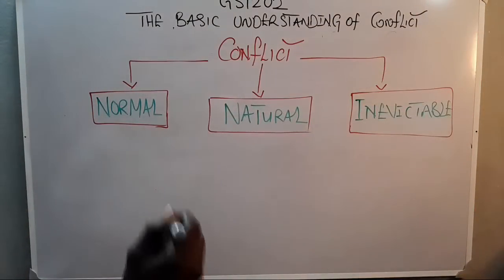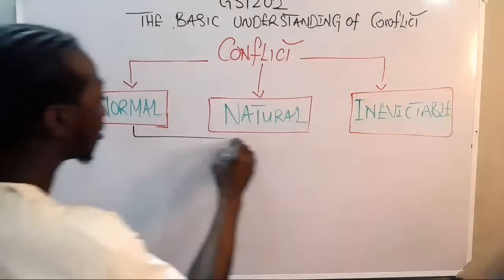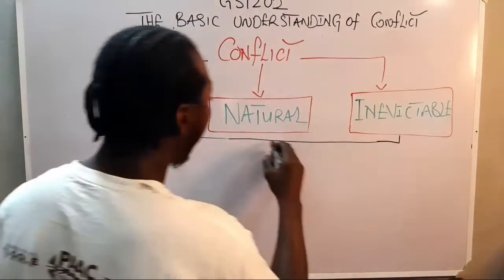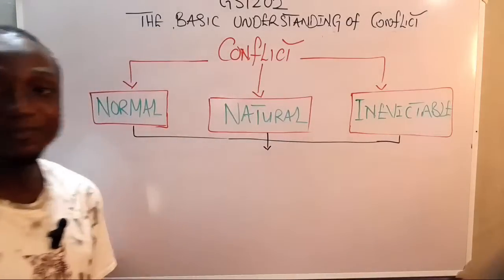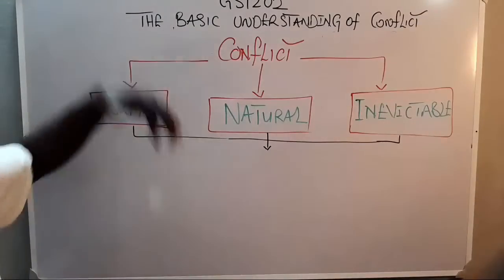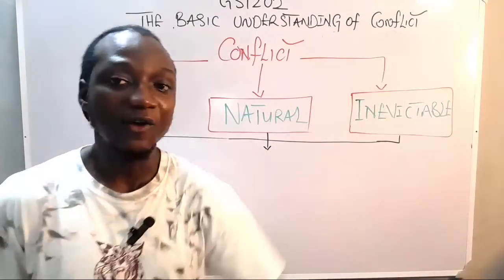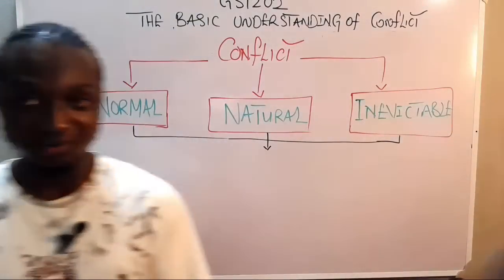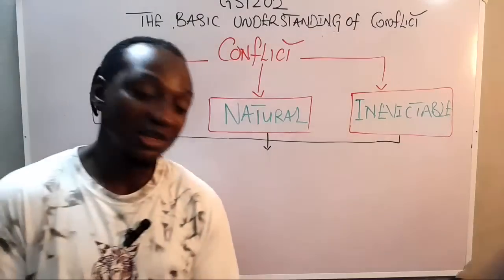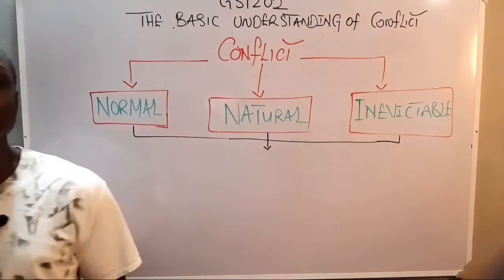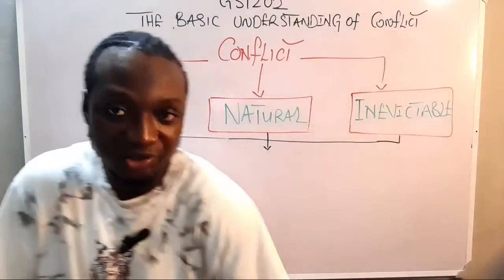Now, in a situation whereby there are living species, living beings, a community, and not even a community, because even as an individual you go through certain conflicts within yourself.